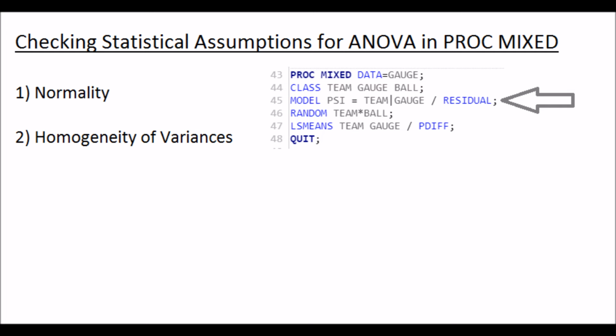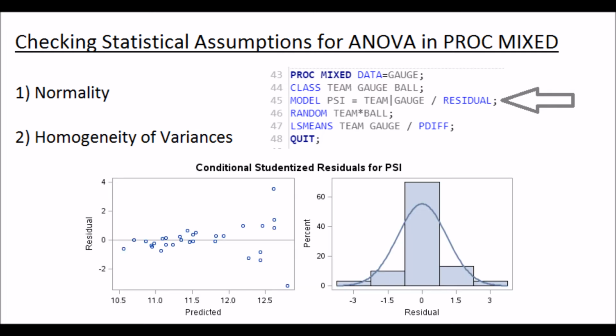What we are looking for in the plot of residuals is a lack of a pattern such that the range of residual values should be the same across all predicted means. Based on our plot of conditional residuals, I am concerned about the homogeneity of variances assumption, as the conditional residuals produce a horn shape.